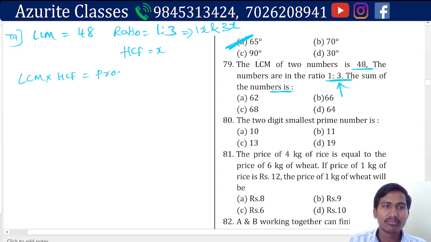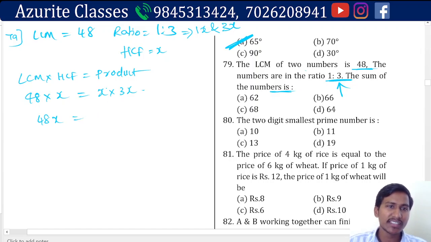So LCM is 48, into x, is equal to the product of the numbers, that is x into 3x.